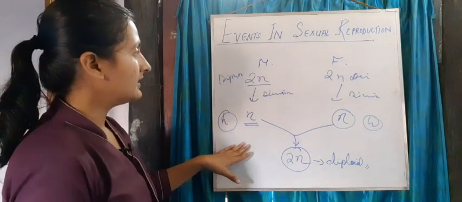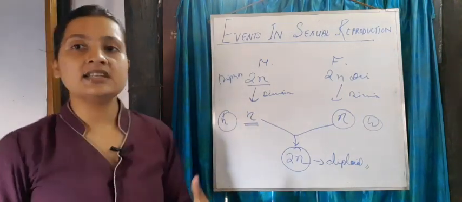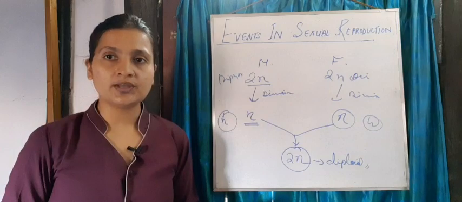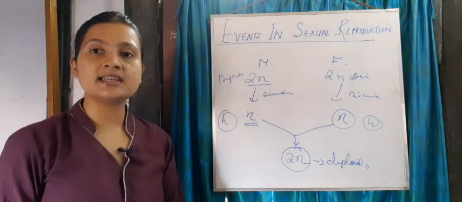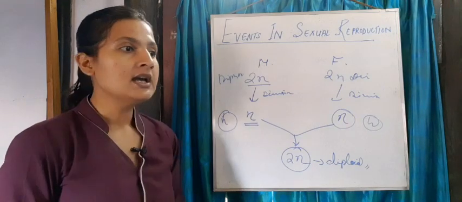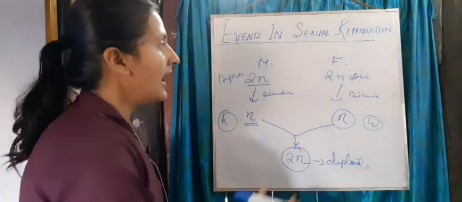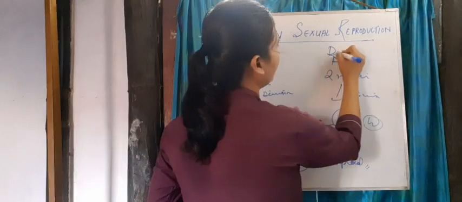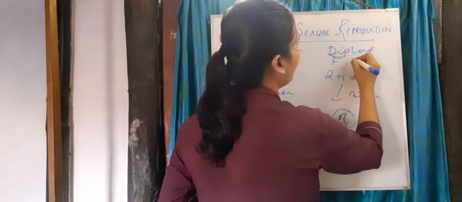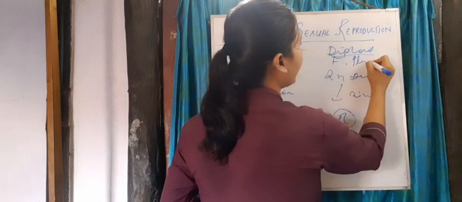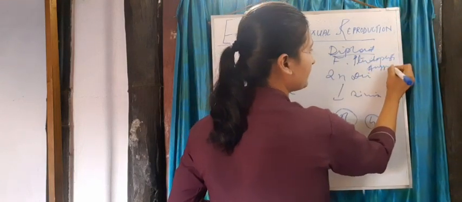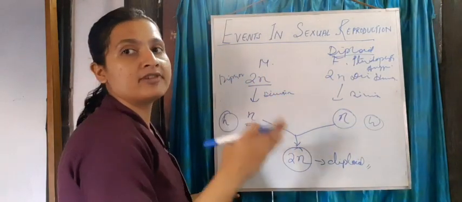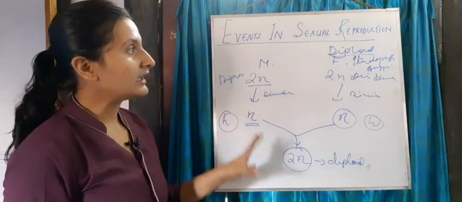So you can see that diploid is mainly seen in human beings, and haploid you can see in algae, in monera, and then in bryophytes, all right. And diploid is found in pteridophytes, in more advanced organisms, pteridophytes, then angiosperms, and I'm including human beings also. So where are diploid parents found?